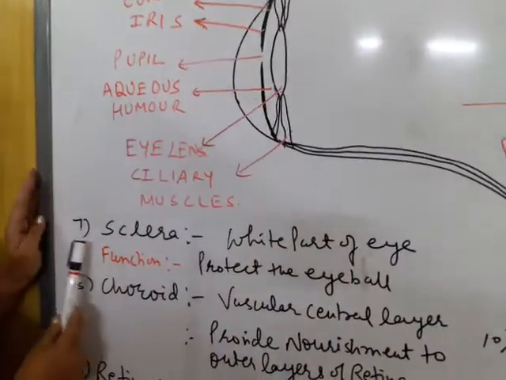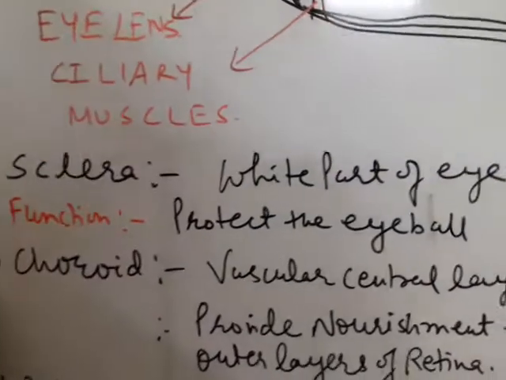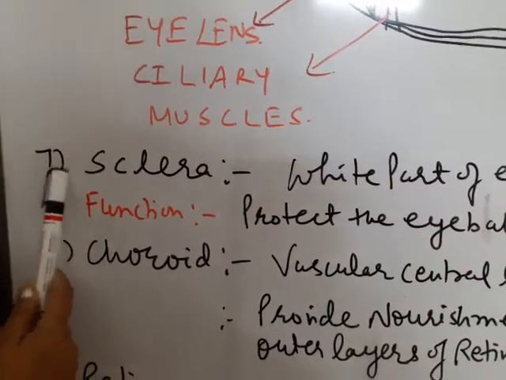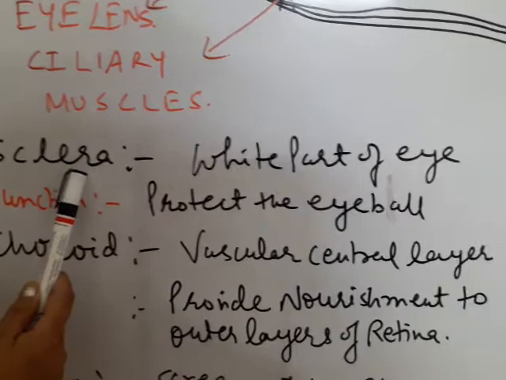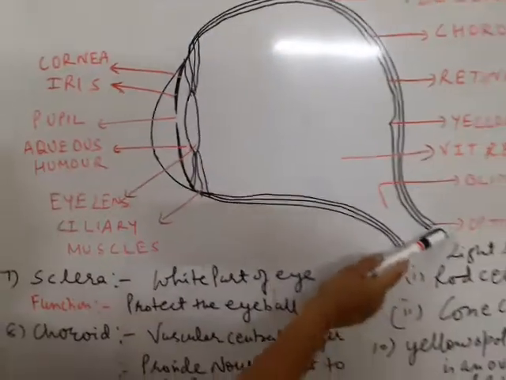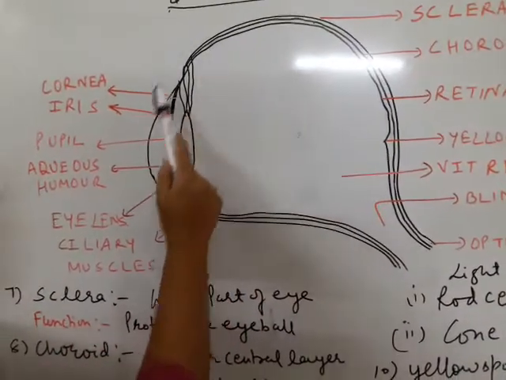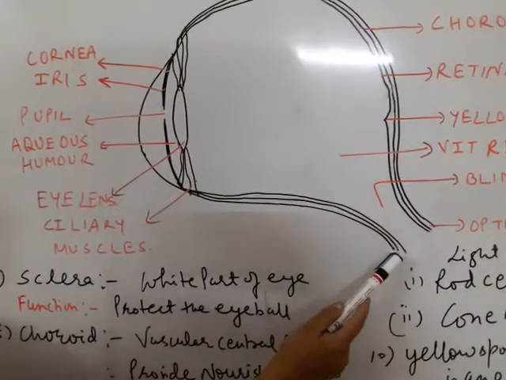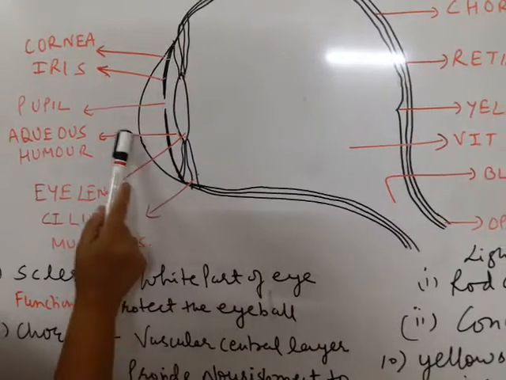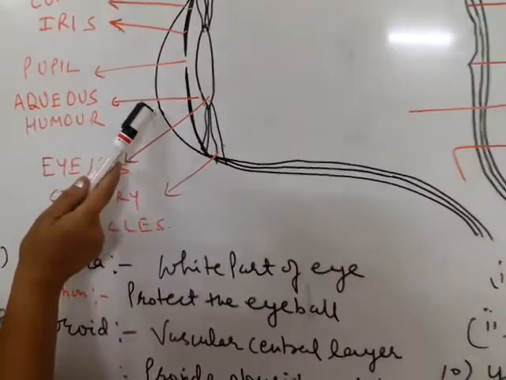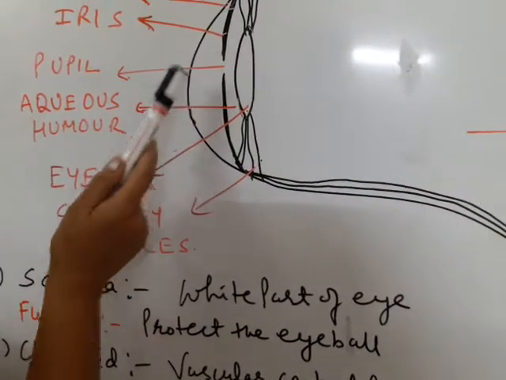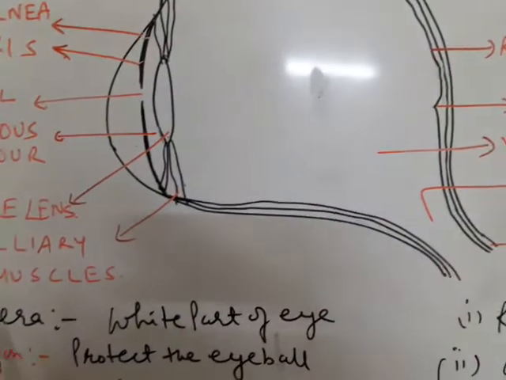Now, another point to be discussed is sclera. Look here, look in the picture. It is the outermost covering of the human eye. It is white in color.